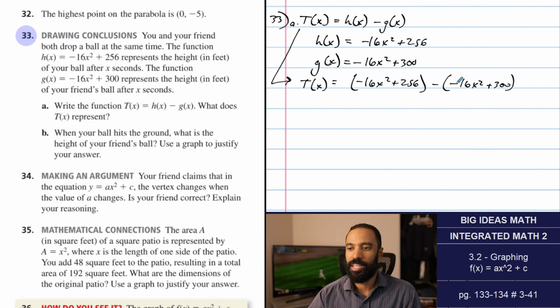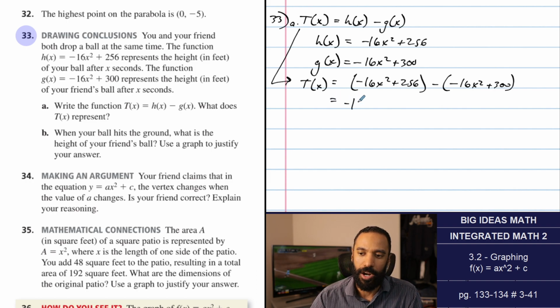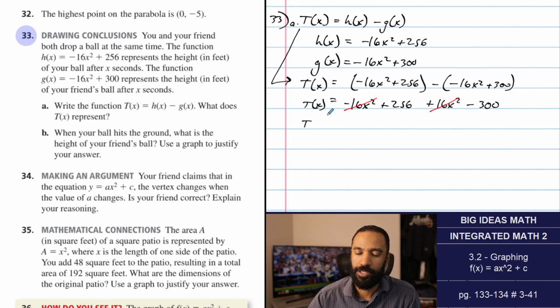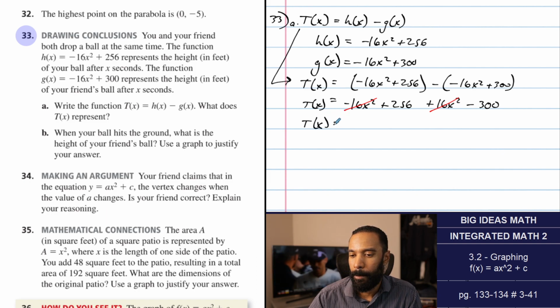When you do -16x squared minus -16x squared, the 16x squareds cancel out, and 256 minus 300 is -44.